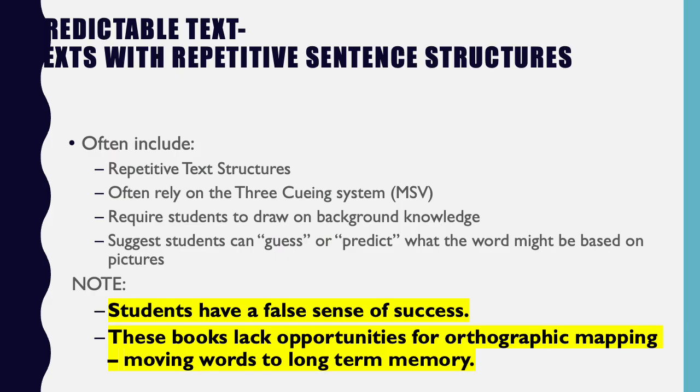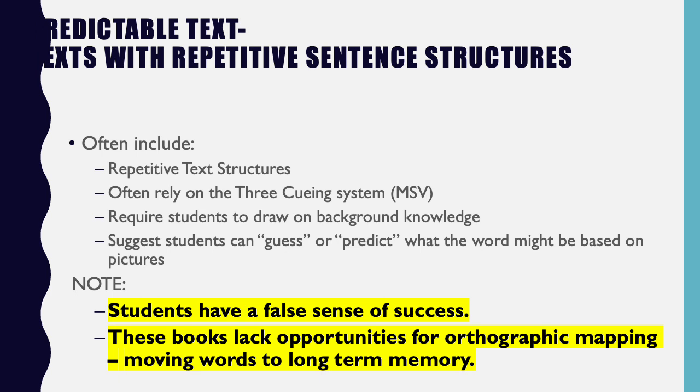So predictable texts is the next kind of text that we'll talk about. And this is a text with a repetitive sentence structure. So often these rely on the three cueing systems, which is the MSV, which is highly criticized for allowing students to use pictures for guessing, and not at all an explicit, systematic, or cumulative approach for teaching reading.